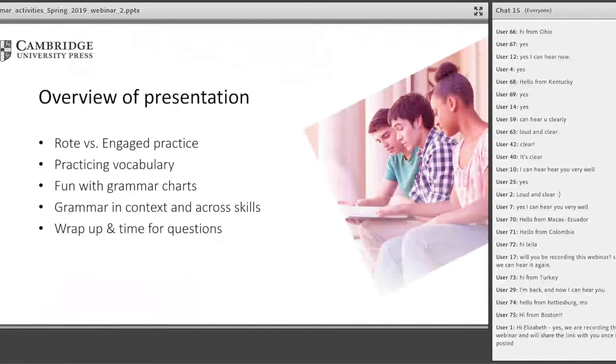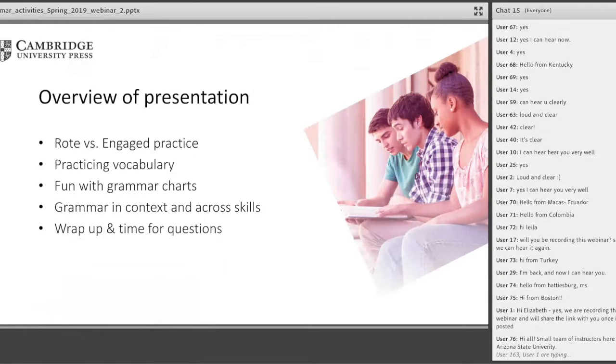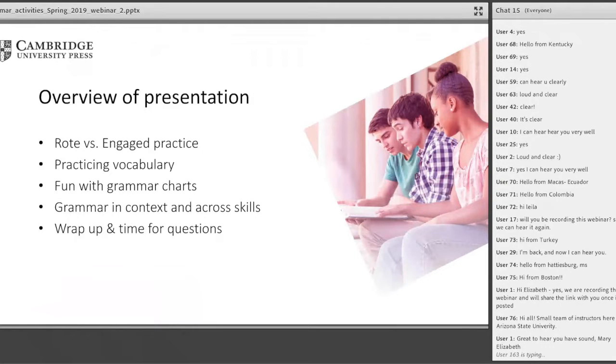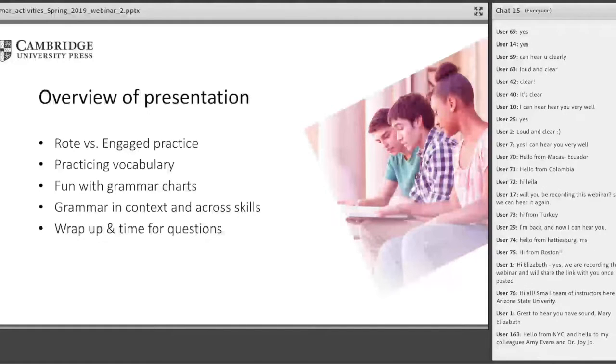So let's get started. Our overview of the presentation is we're going to take a little bit of time to look at rote versus engaged practice. And then we're going to look at a lot of different types of activities that we can use for presenting vocabulary, for having fun with grammar charts.